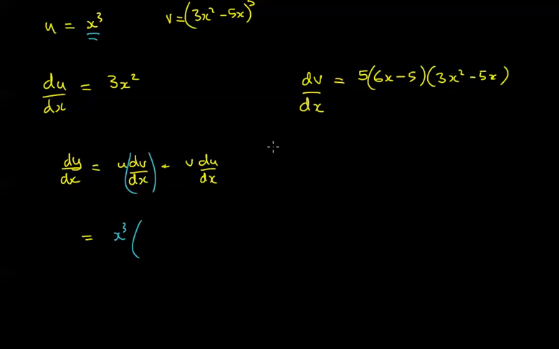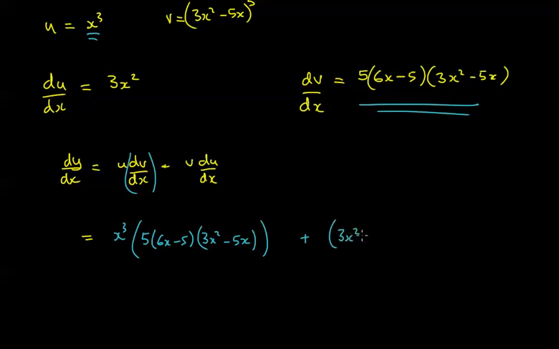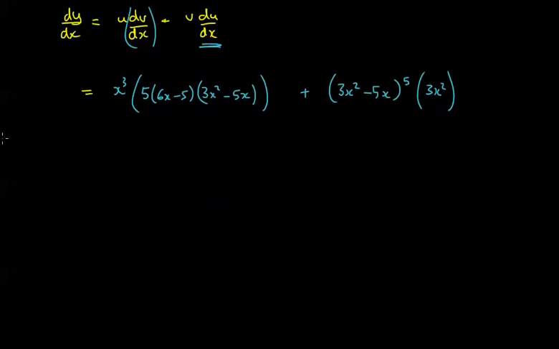What's dv by dx? dv by dx is all this, so I'm going to have to bung it here: 5, 6x take away 5, 3x squared take away 5x to the power of 4. Plus v, what was v? v was 3x squared minus 5x to the power of 5, times what's du by dx? du by dx is 3x squared. Now let me clean this up.